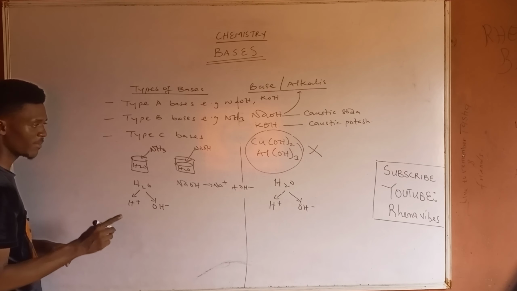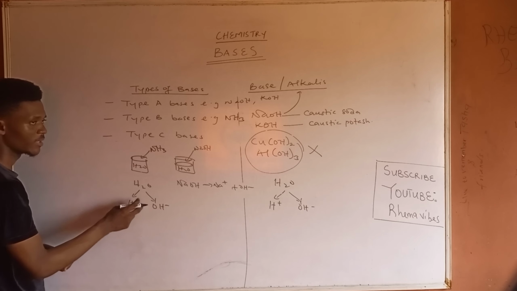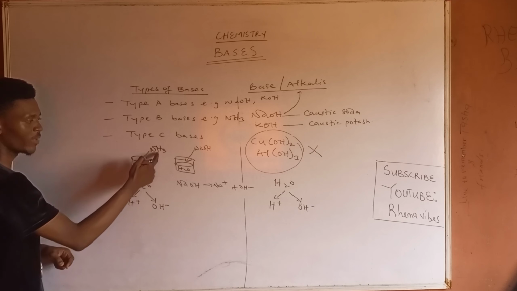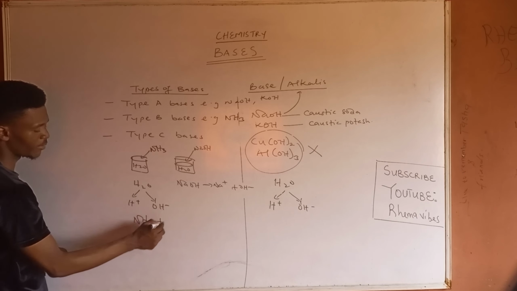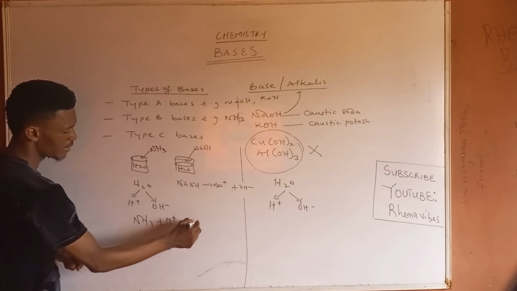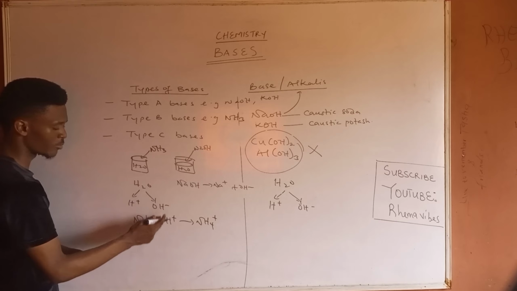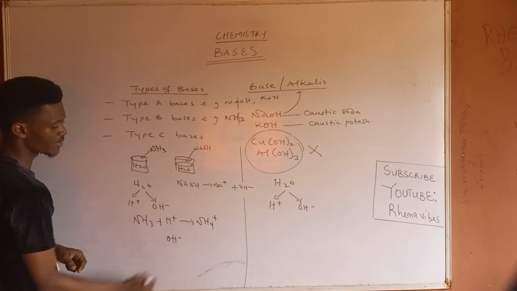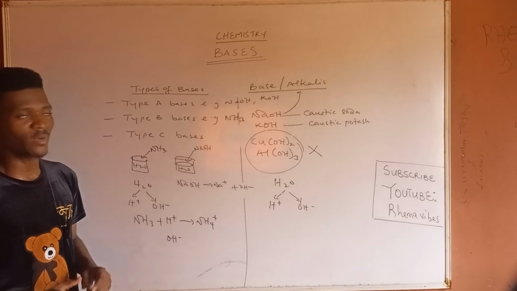And it doesn't stop there. Remember I said that the type B base has the tendency to attack the H plus while you are left with OH minus. So when this attacks this, it becomes NH3 plus H plus. That gives you NH4 plus. You see it? And then you are now left with OH minus in the medium. Alright? So that's how they produce their OH minus.